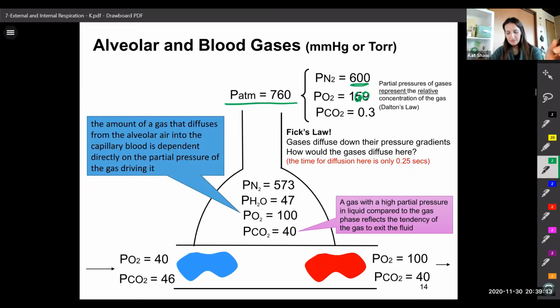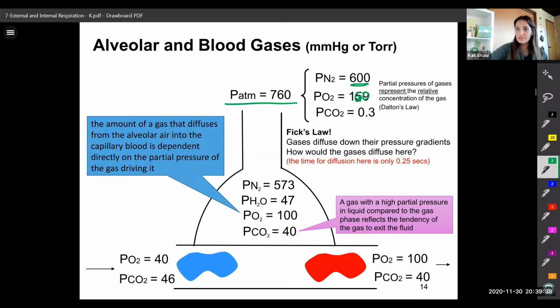What we see happening then is that when we compare these individual partial pressures for each one of these gases to the individual partial pressures that are found within the alveolar space for each one of these gases, we see that there is a partial pressure gradient, right? When you go to exhale, you don't remove all of the air in your alveolar spaces, right?